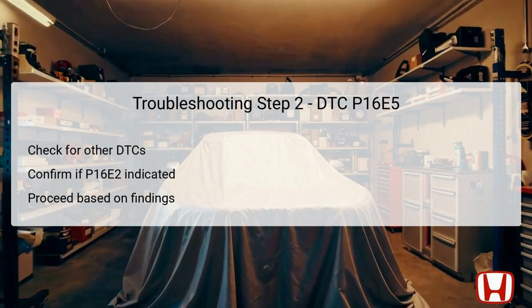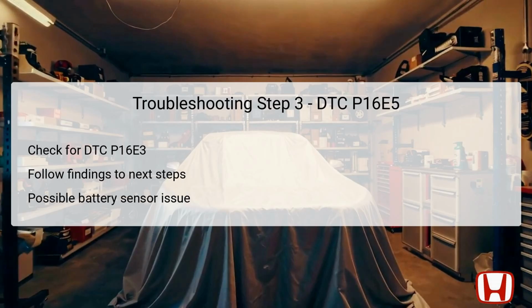If this code is present, follow the protocol outlined for that specific DTC, moving to step 5 of its troubleshooting sequence. If P16E2 is not indicated, continue through the subsequent steps to pinpoint the cause of the P16E5 error. It is crucial to follow the established diagnostic path to efficiently identify where the breakdown in communication may be occurring.